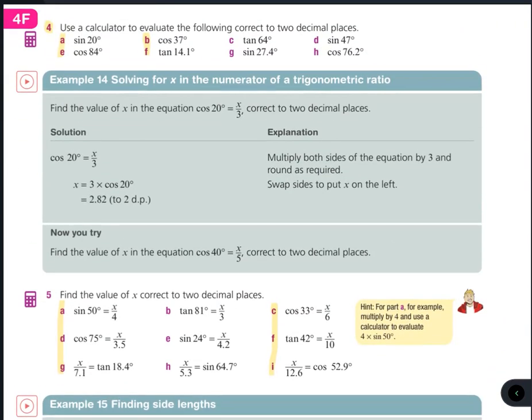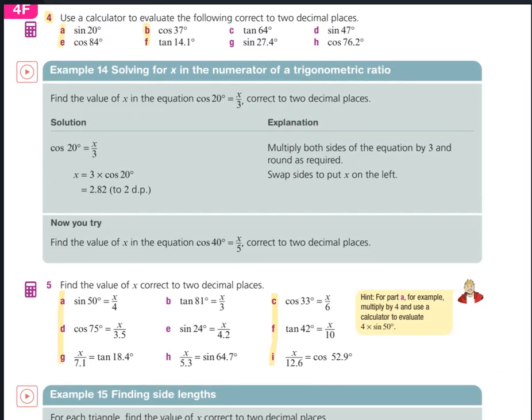Okay. Use a calculator to evaluate the following correct to two decimal places. Are we swapping between calculator and non-calculator? So it says sine 20 for the first one.